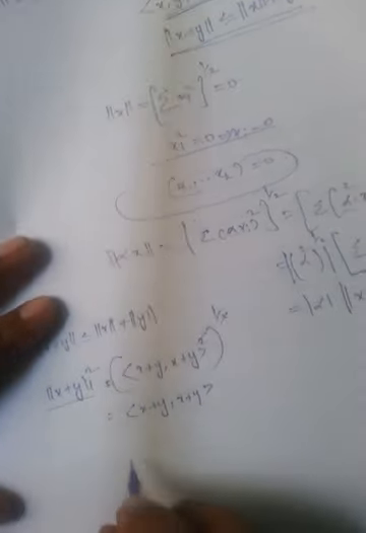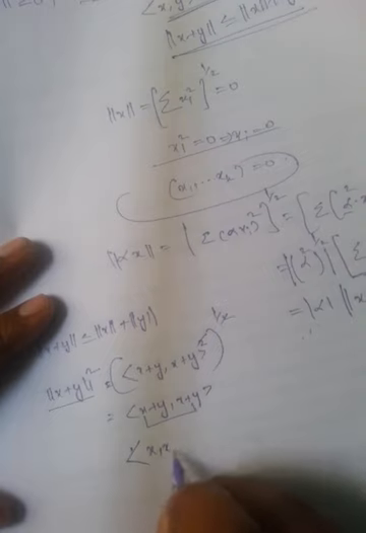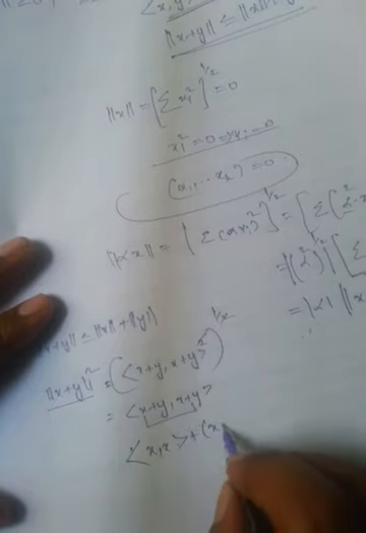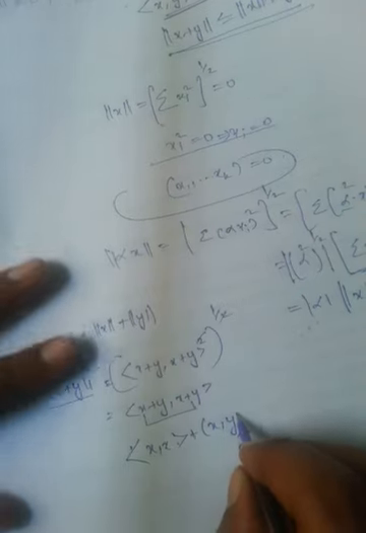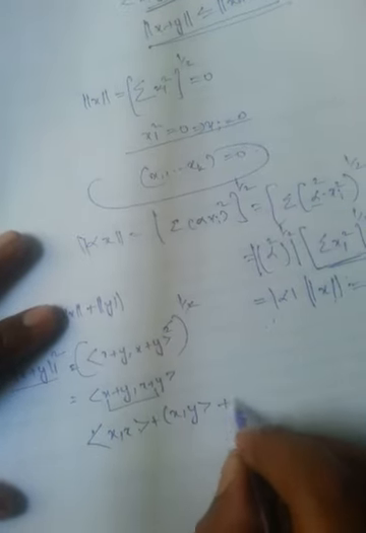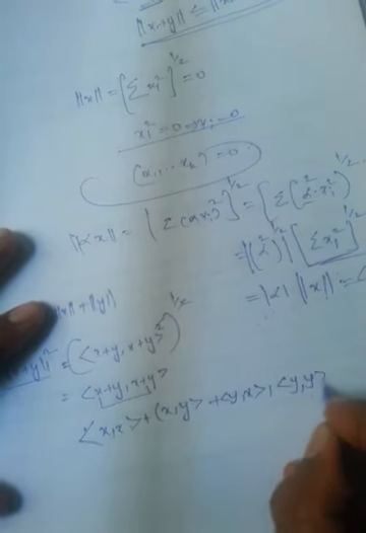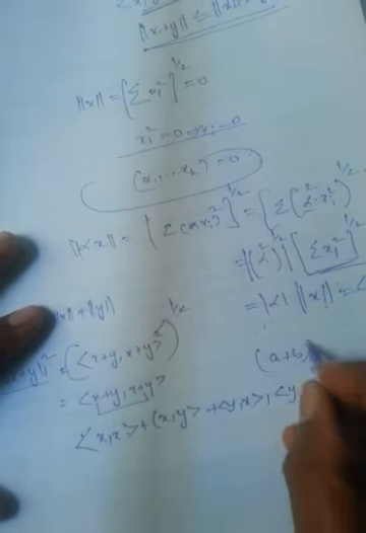From this we can have the inner product x comma x, plus x comma y, then y comma x, then y comma y. It is like a plus b into a plus b.